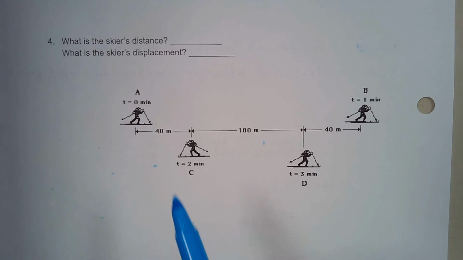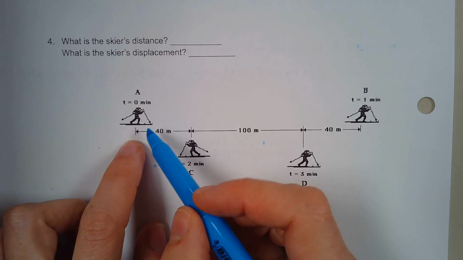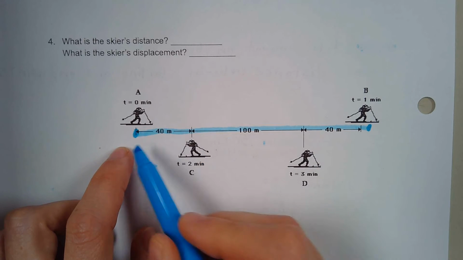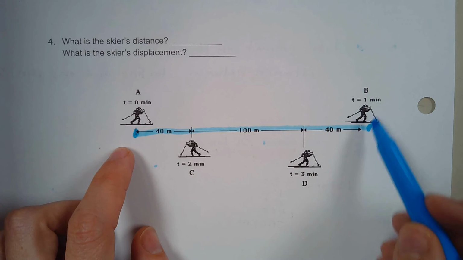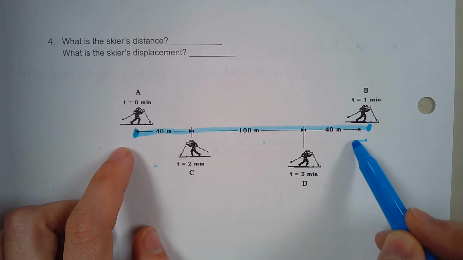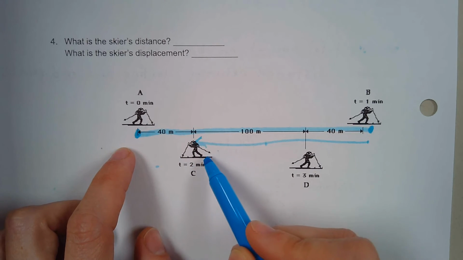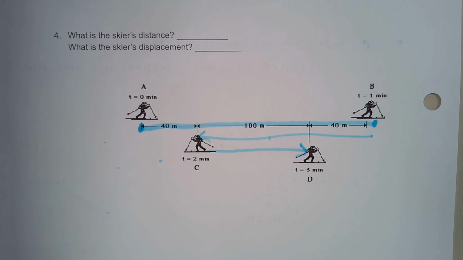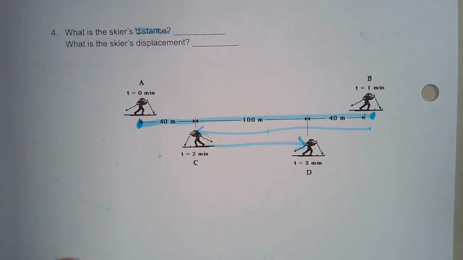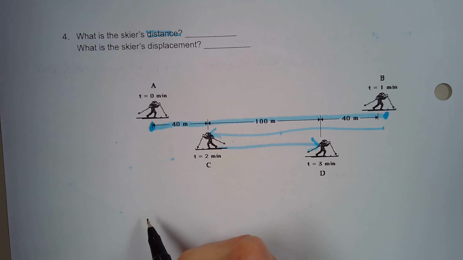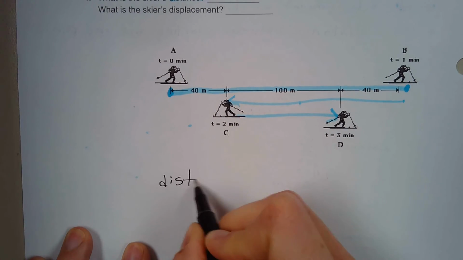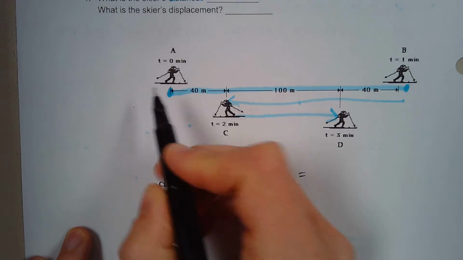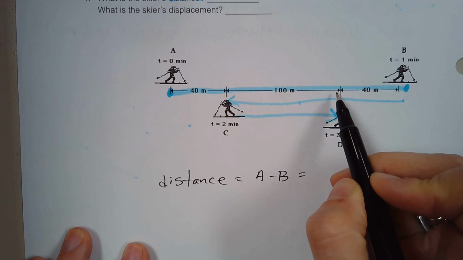And so here's how you interpret this. The skier starts at A at time 0 and goes to B, so it went this far, and then at 1 minute it turned back and it went back to C, and then it went back to D. And so just like the other ones, to find distance, we got to find out the total amount that he traveled, or she. So distance, okay, so from A to B, that was 40 plus 100 plus 40.